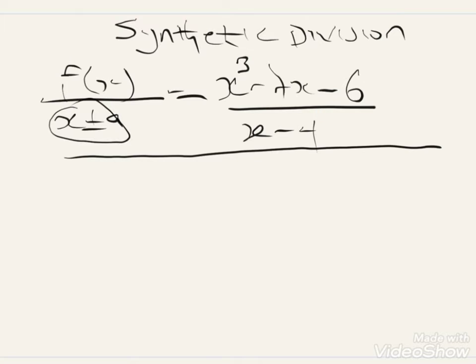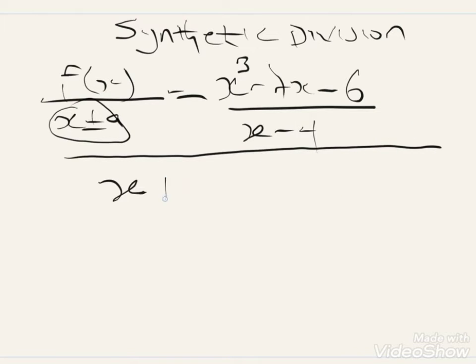By synthetic division, since the linear factor here is x minus a, let us set x minus 4 equal to 0, such that solving for x, we have x equal to 4.